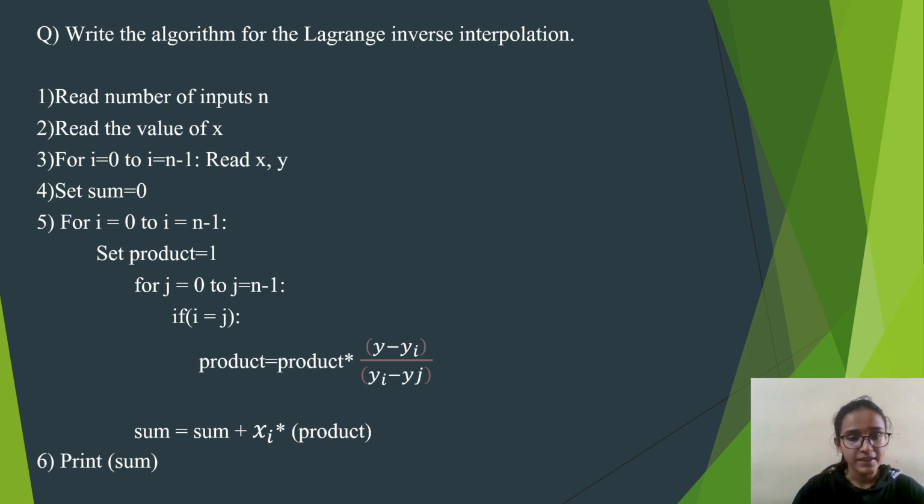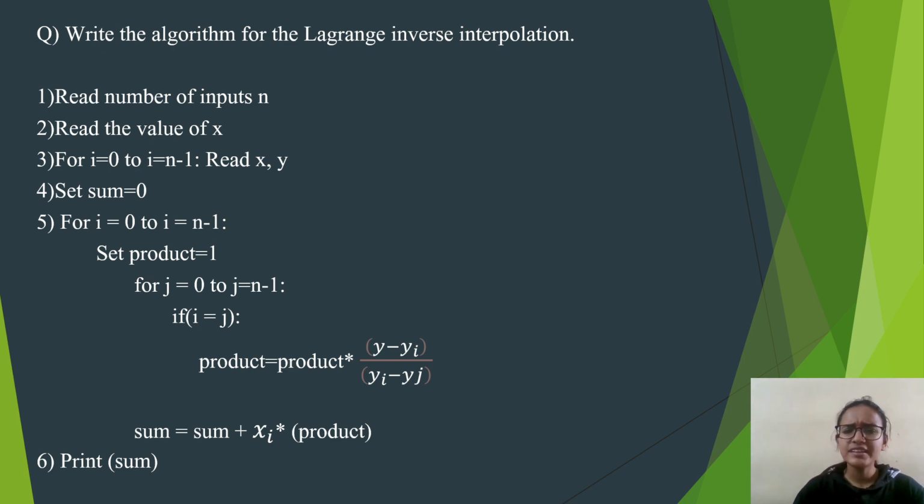setting the product to 1 and then again taking a nested loop, that is for j, which will also be running from the lowest to highest values, that is 0 to n minus 1. And whenever we find the values i and j as equal, we will be setting the product for that step, that is product equals product star y minus y of i upon y of i minus y of j.